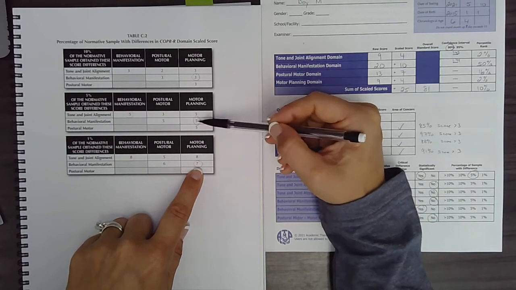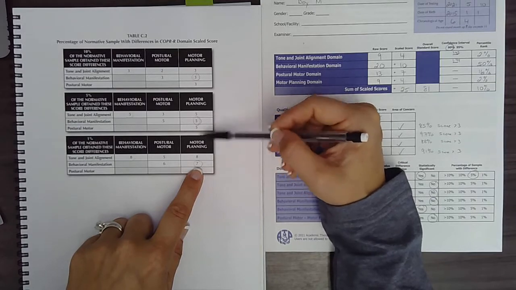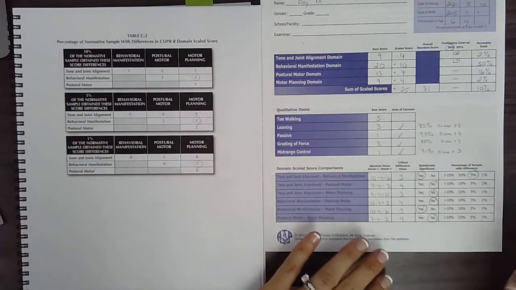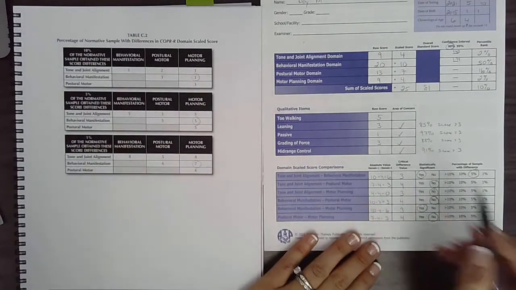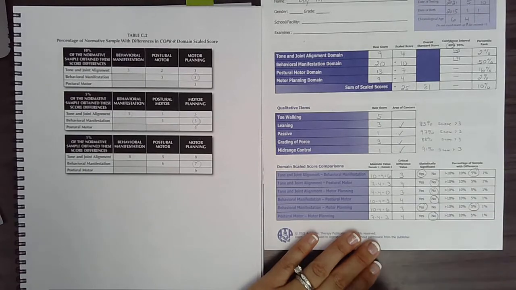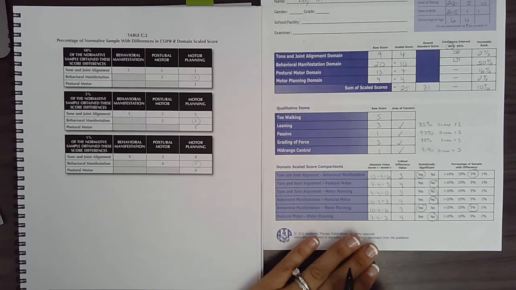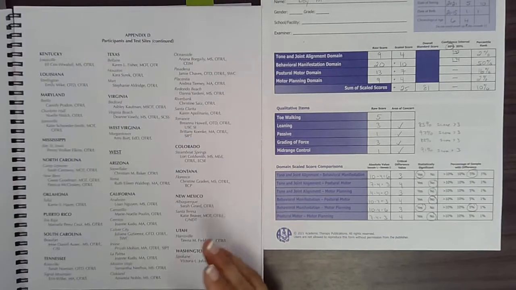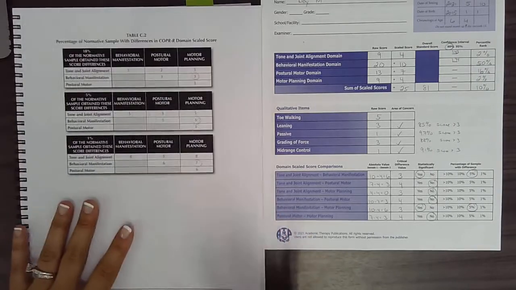It falls between this 5 and this 7 number. And so we're going to go with this 5. It goes over just slightly. So 5% percentage sample with the difference. So he's right there. And that gives you the scoring for the COP. Let's just confirm. We've gone through all of our tables and we are done.